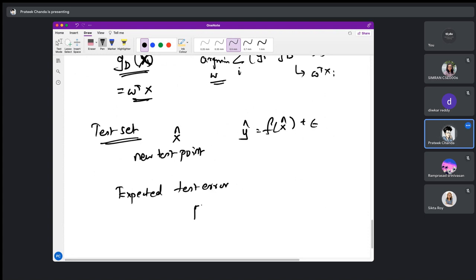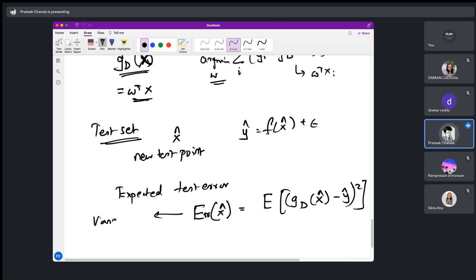I would have g_D(x hat) minus my original function y hat, whole squared, taking it as one of the measures of error.